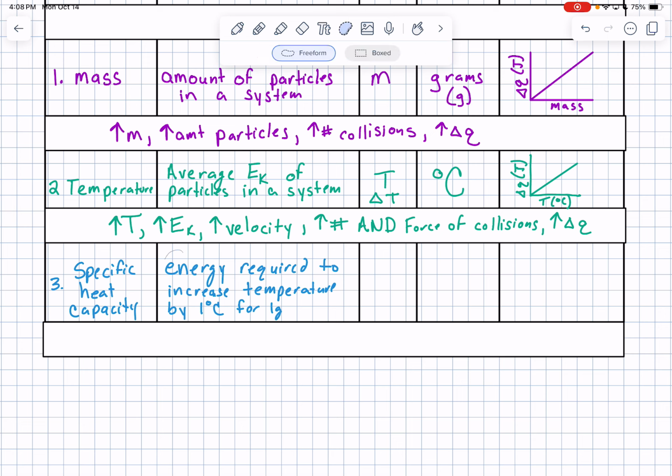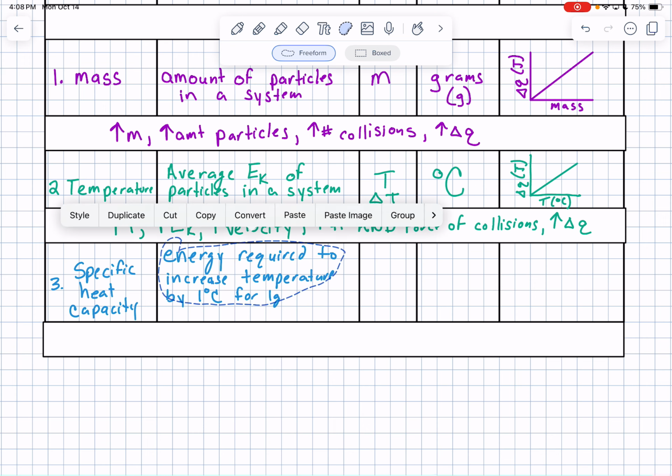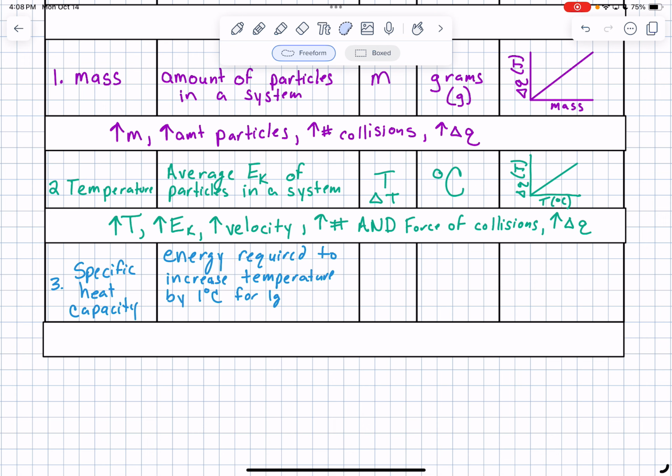And so with this in mind, if it requires more energy to change the temperature, so if we have a higher specific heat, which is the energy required to raise the temperature, then that means we're going to have a lower temperature change.